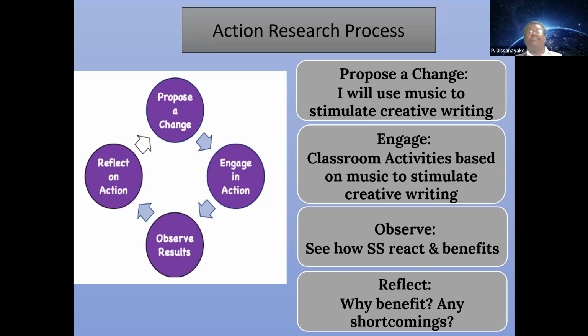You do classroom activities based on music, and in relation to that, you give the writing. You observe, you get the scripts written by the students and see the change. You can't expect drastic changes within one day, but continuously, right?